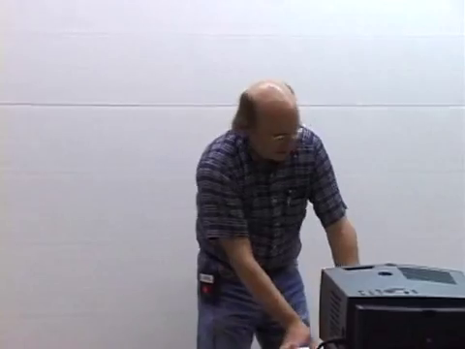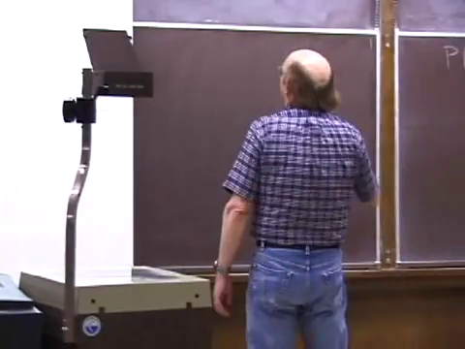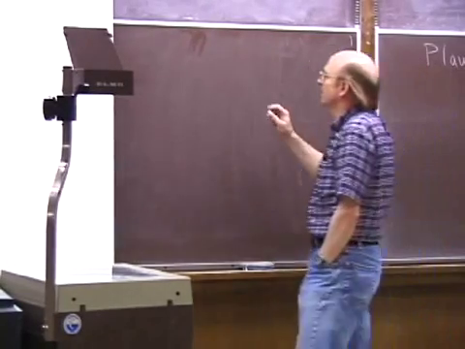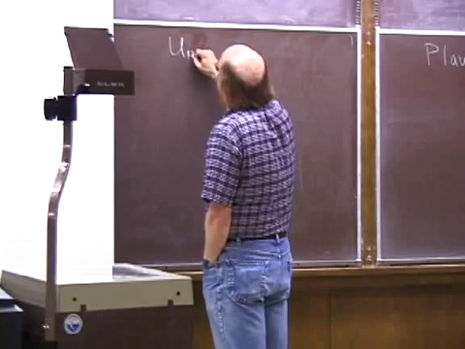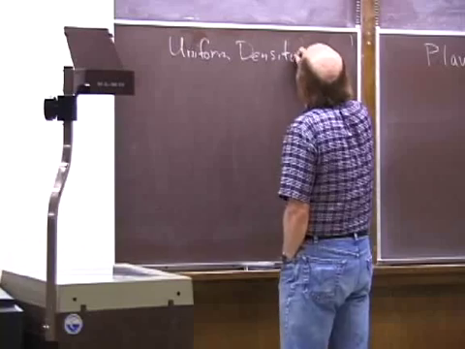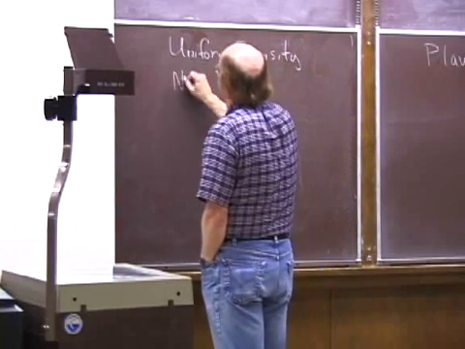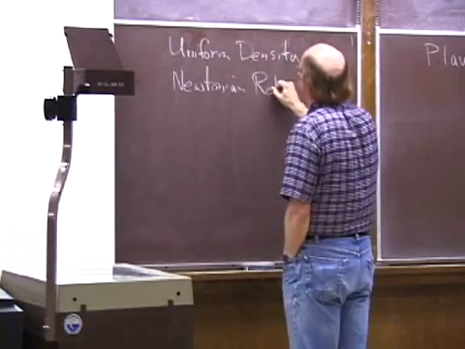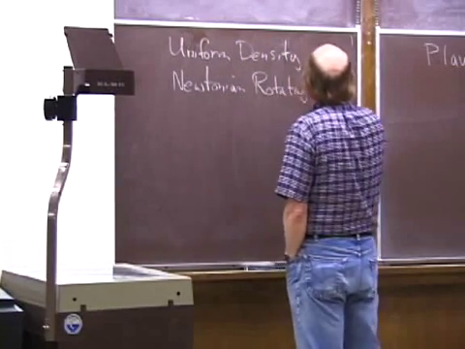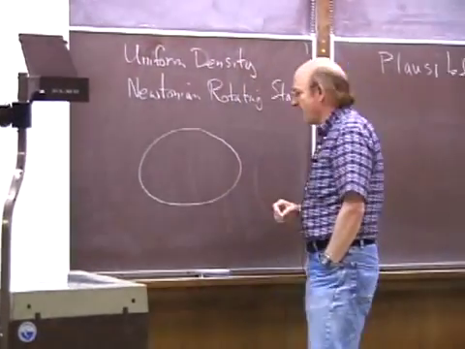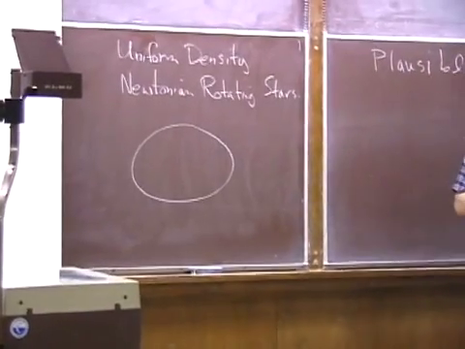So the first class of stars that people studied instabilities in are these very simple Newtonian stars that people call Maclaurin spheroids. So these are uniform density, Newtonian. These stars turn out to have exactly elliptical shapes.